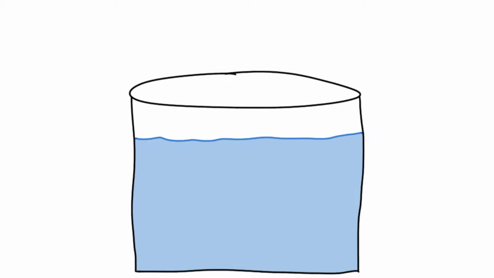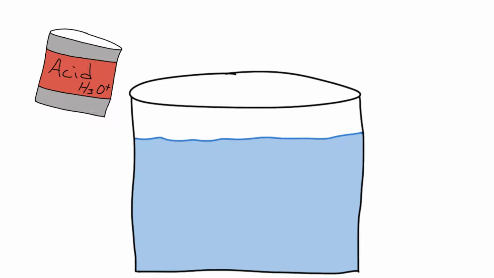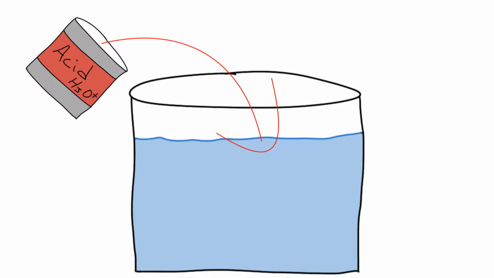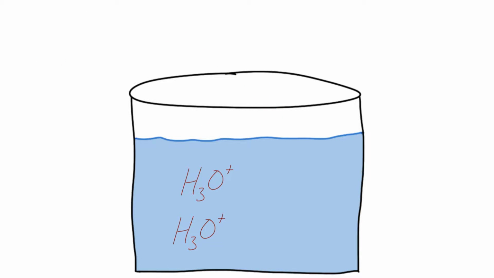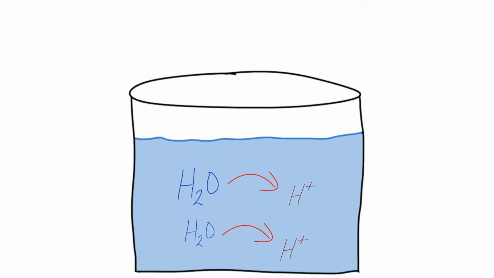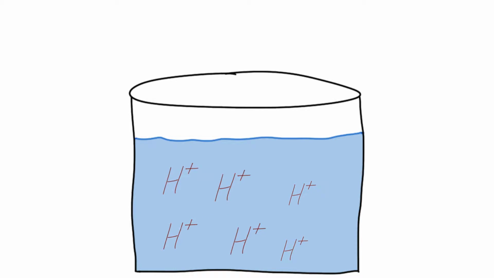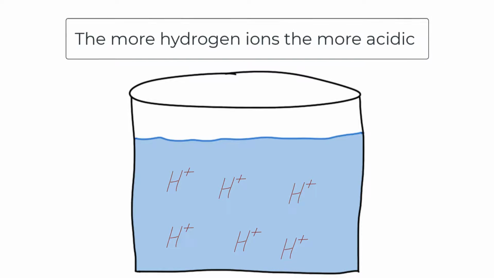Let's say you have a container of water and you added some acid to that water. The acid molecules will release their hydrogen ions, and as they release more and more hydrogen ions, it makes the water more acidic.